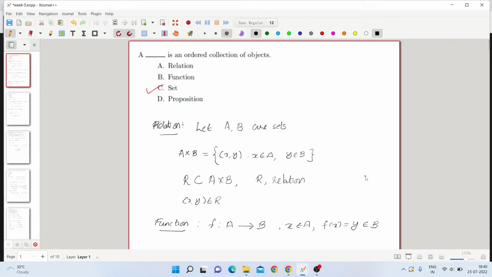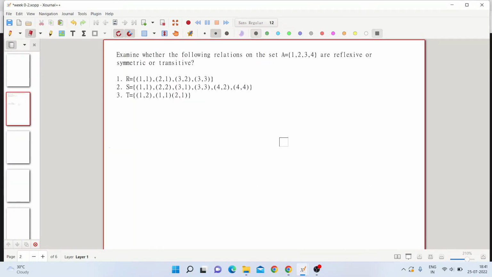Okay, now we will go to some more basic concepts like some kinds of relations, some kinds of functions, and so on. We have different kinds of relations on a particular set, such as reflexive relation, symmetric relation, transitive relation, anti-symmetric, and so on.